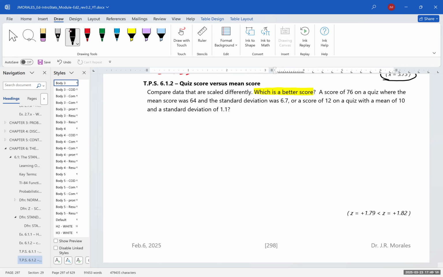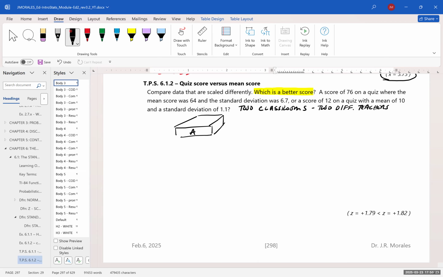So let's look at what we got. Imagine we've got two classrooms and maybe two different teachers or instructors. Here's our two classrooms.